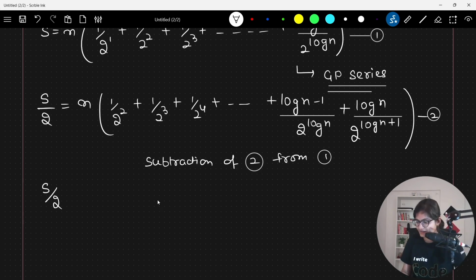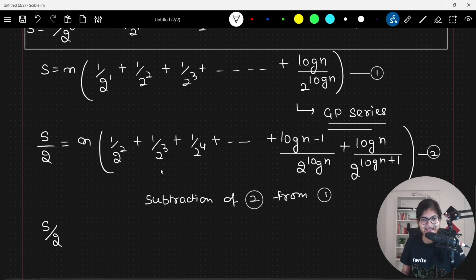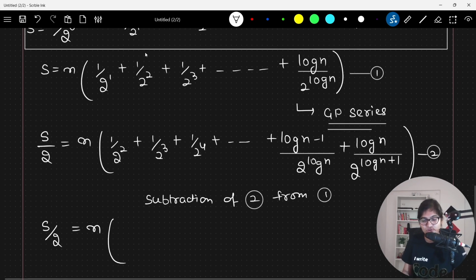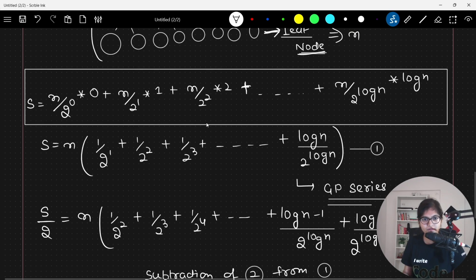So s minus s by 2 will be equal to s by 2, which is equal to, we can take n as common, right? Now if you observe, we will get 1 by 2 to the power 1 as it is, plus here, 1 by 2 to the power 1.